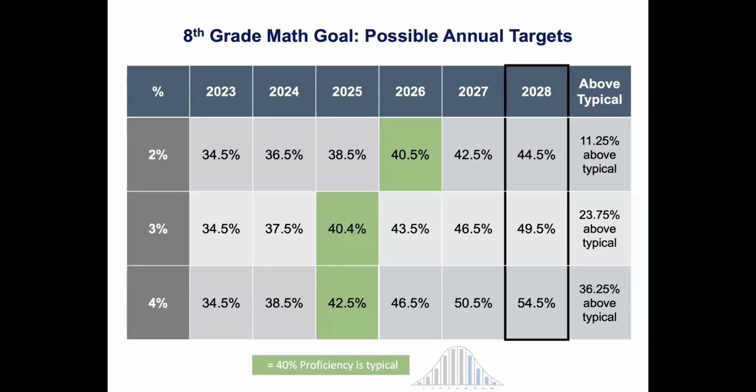My sense, from a broad perspective, is that since reading is our primary goal, we should allocate resources in a way that makes higher growth in reading proficiency a priority, and then math might have to be a bit more reserved as a result. That's really the only guide I have as to what we would look at if we're going to use this table as a rough estimation of where the goal should be placed. Does administration have a recommendation or other data points we should be considering as to where to set the bar?